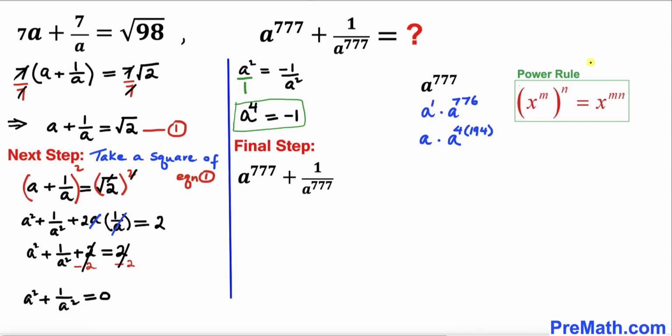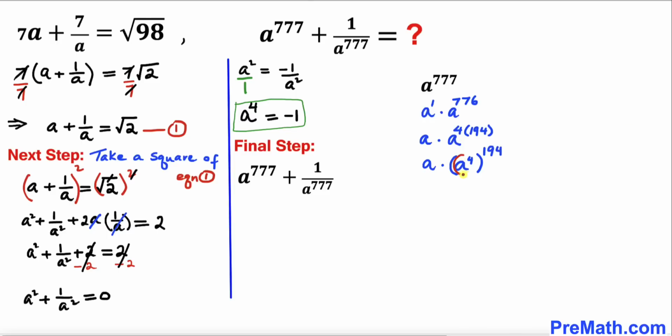Now let's recall the power rule of exponents and apply it on this part. We can write this as a times a to the power 4, and then the whole power 194. But we know that a to the power 4 is negative 1.